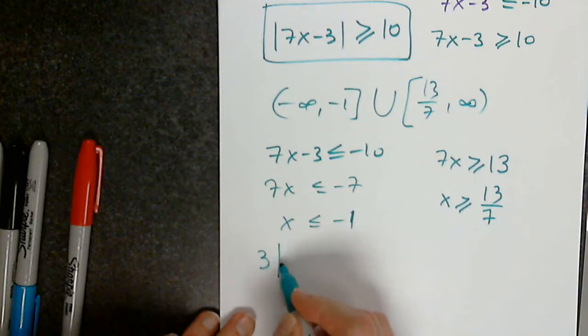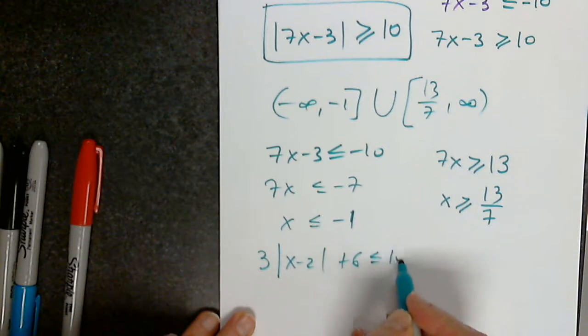So 3 times the absolute value of x minus 2, plus 6, less than or equal to 10.